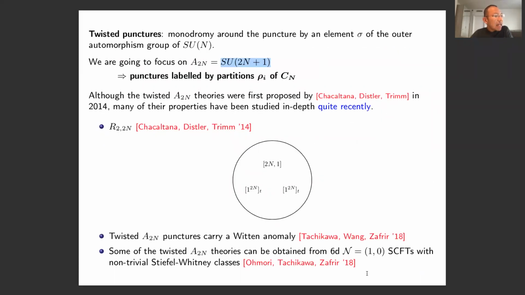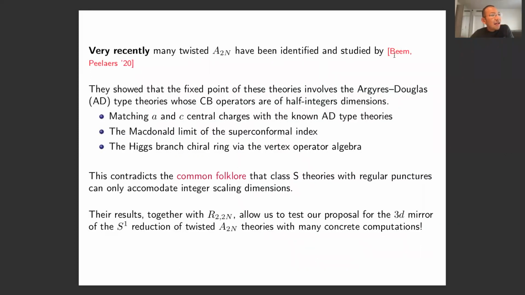Now, back in these years, I think not many theories were known. Probably it's just a subclass of R22N for various N. However, a few months ago, I would say that many more A2N theories have been identified and studied. This is by Beam and Pelas this year.